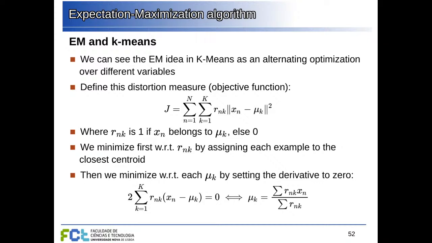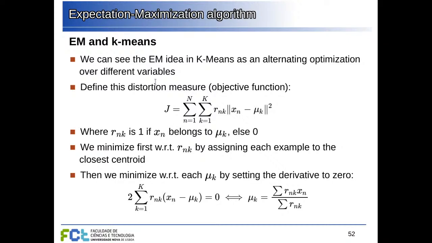And now that we assigned to the closest centroid, we can find the position of the centroid that minimizes this function by just taking the mean position of all the points that belong to that cluster. So basically this is where the derivative of this is 0, and the minimum point is where the centroid is exactly at the mean value of all the points in the cluster.